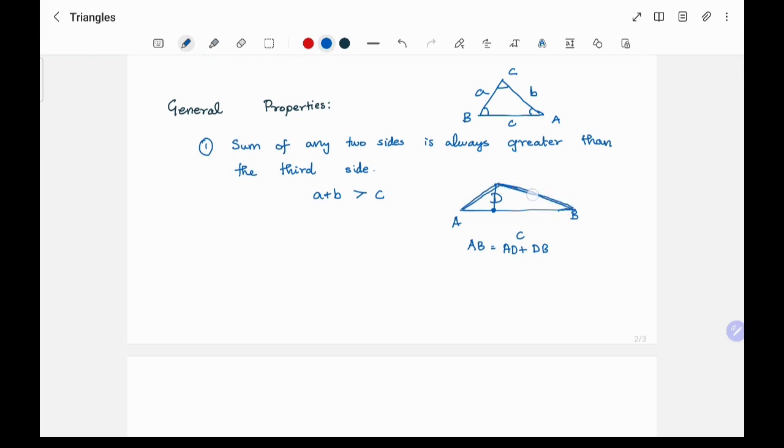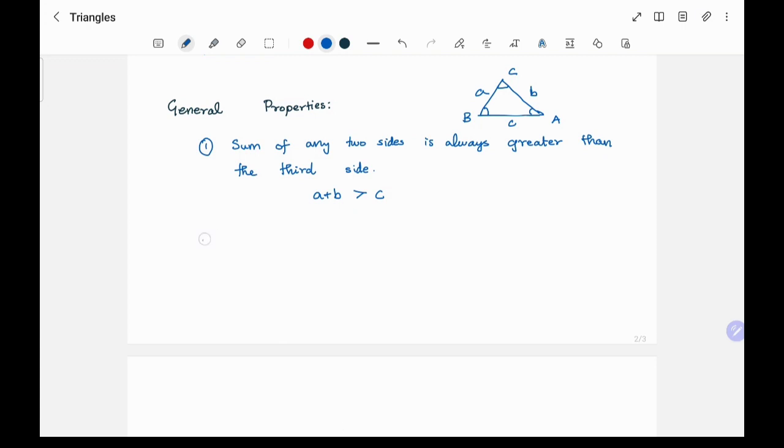So the sum of these lengths is going to be greater. So if they are equal, then they lie on the same line and they just form a straight line. And if you lift the point anywhere else, then the total distance from A to B becomes greater. So that way you can visualize and appreciate this fact.